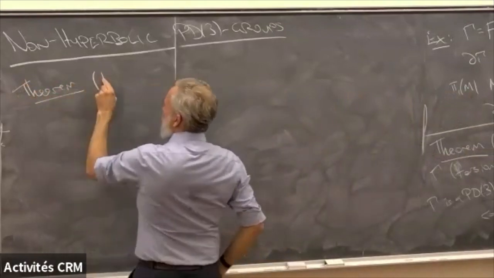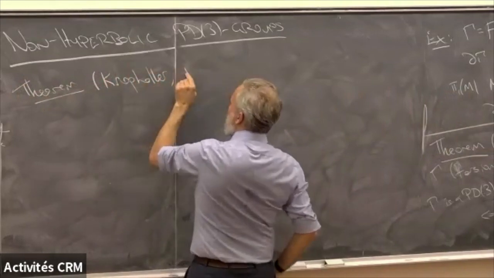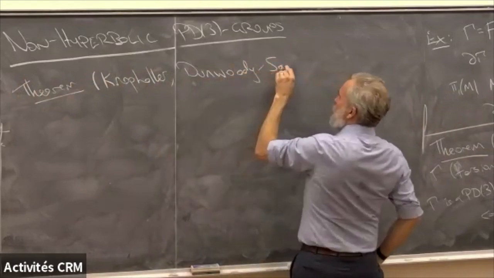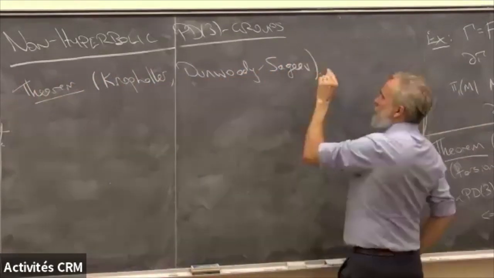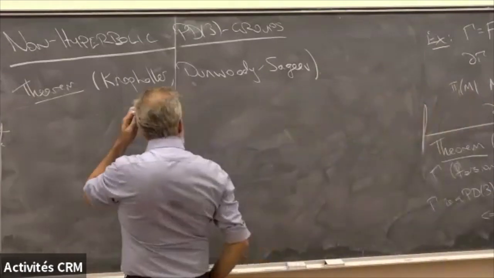So this is a theorem, and it's due, I think, to Kropholler, and I think the actual statement that I'm going to make is maybe in a paper of Dunwoody and Swenson. But in the meantime, Zlil Sela really brought JSJ decompositions to bear on groups in general. For Poincaré duality groups, Kropholler sort of had this earlier thing.